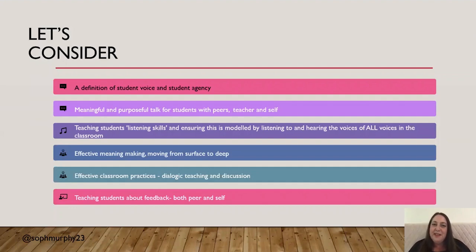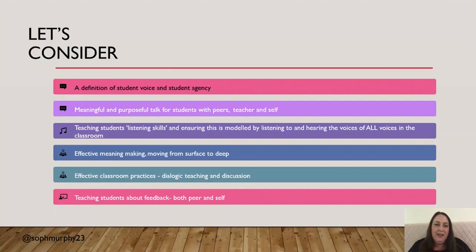Teaching students about essential listening skills and thinking and modelling and hearing all voices in the classroom. So often when we think about student voice, it's not just one or two students with the loudest voice. How do we actually access all student voice and all student thinking in the classroom?